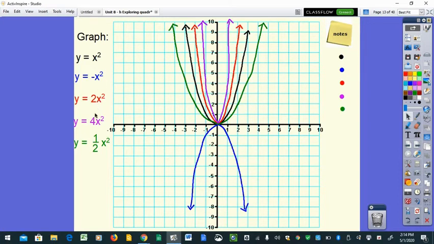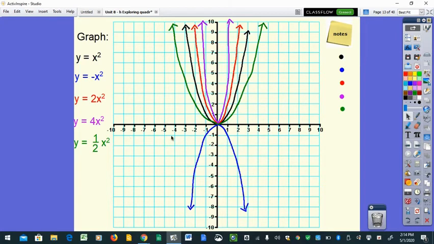So if you notice the 2 and the 4, the 2 made it go narrower than the parent function, the 4 even more narrow. So the higher the number absolute value-wise, so we're talking about a positive here, so the bigger that value, the narrower it gets, it grows faster.